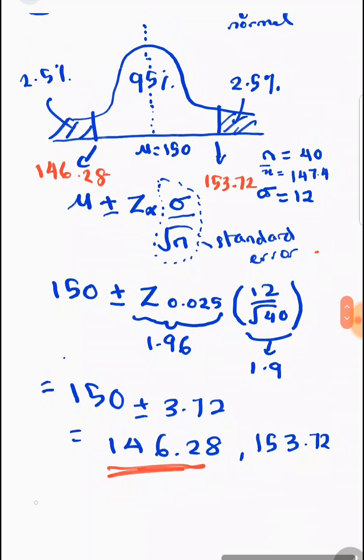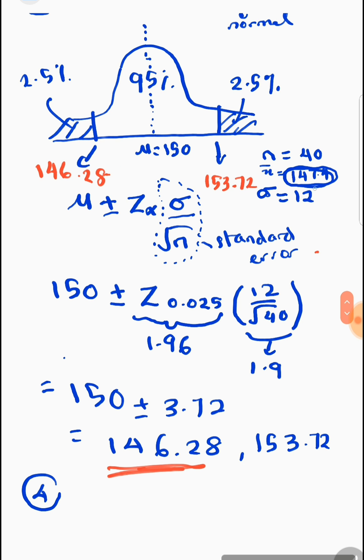So step 4 is where you find your p-value. In this case, when you take a random sample of 40, it actually gives you the mean of 147.4. So now you take this and you plug it inside this drawing that you have drawn earlier.